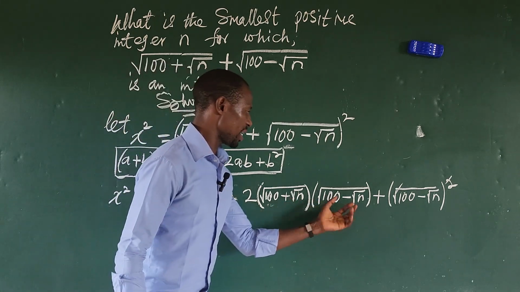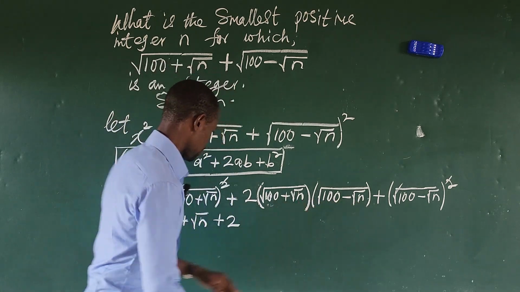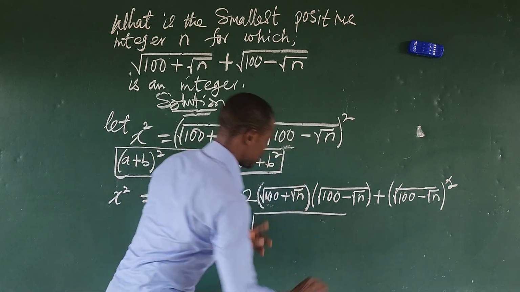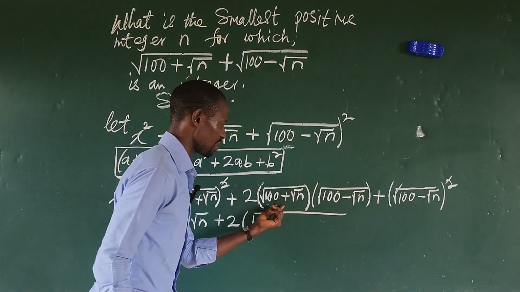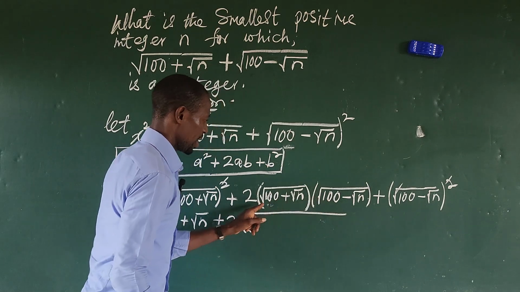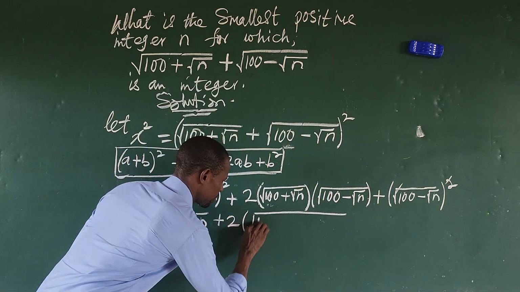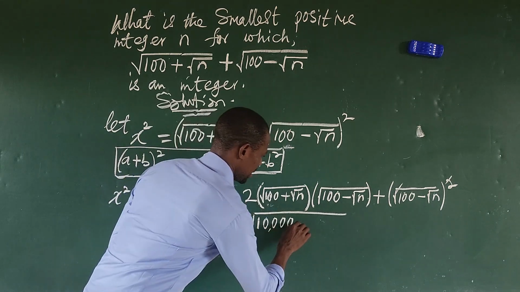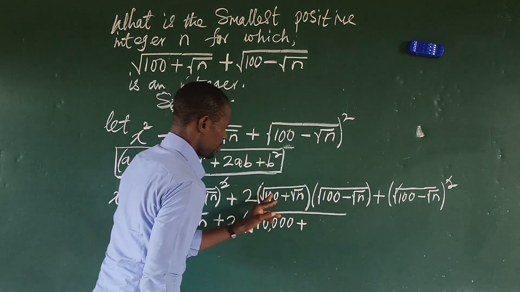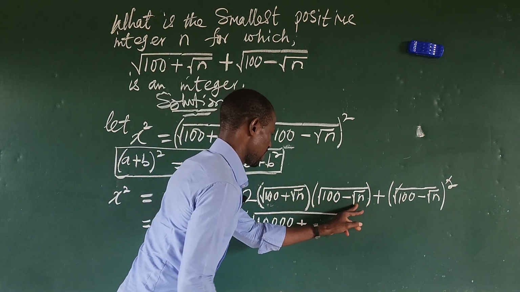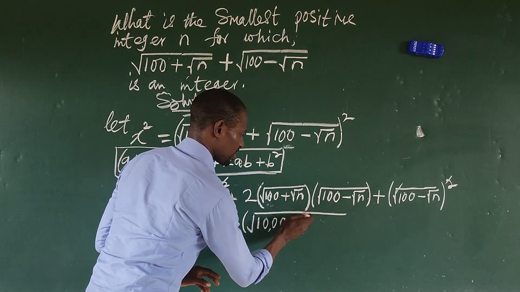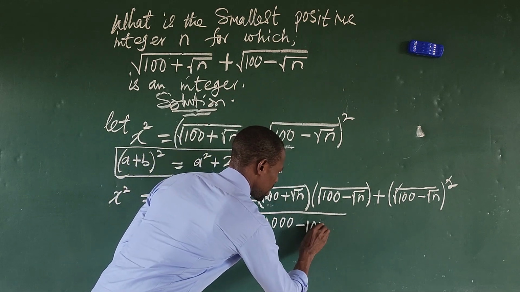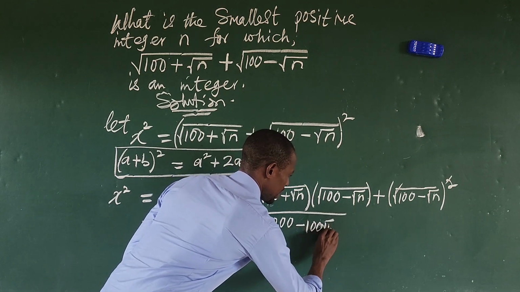Now, what we want to do here is just to open this. Because we are having the square root and the square root, let's multiply what we have inside. 100 times 100 is going to give us 10,000. Then we use this 100 to multiply this, which gives us minus 100 root n.